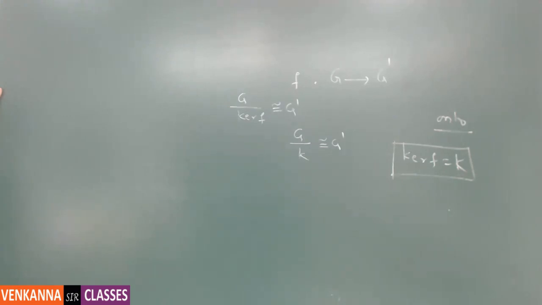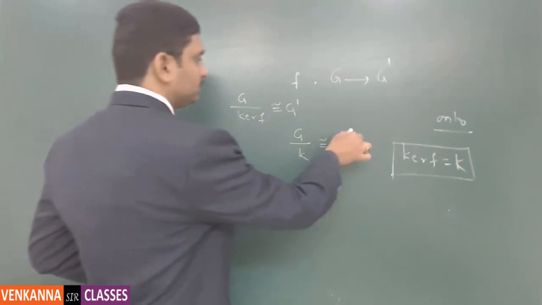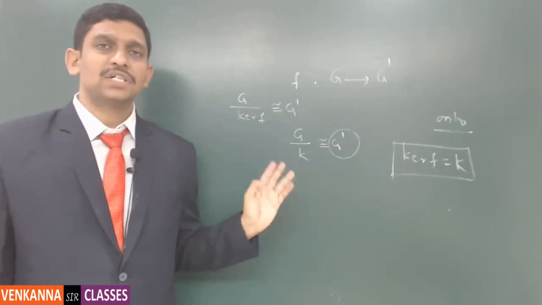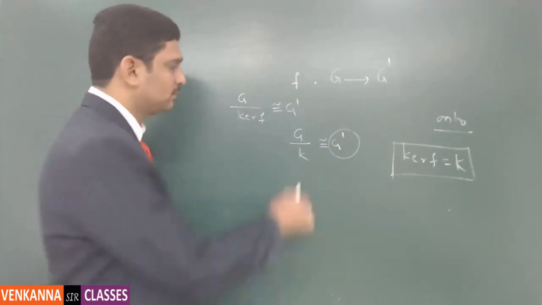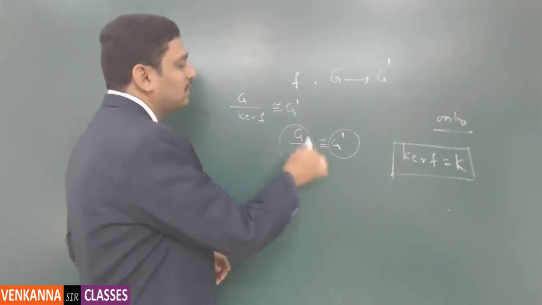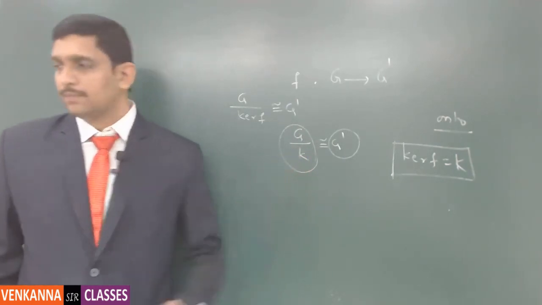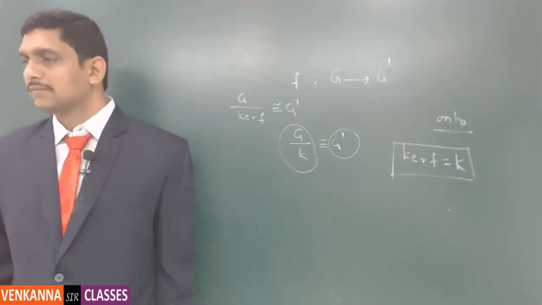Now, if you observe, here we got two groups. This is the group G dash given in the problem. And can you say the name of this group? What is it actually?